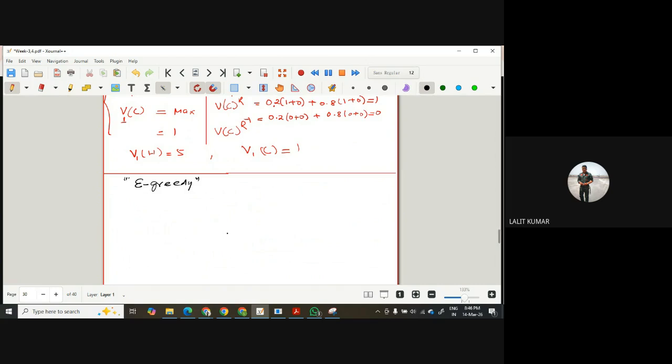In epsilon greedy, remember the arm with max reward will be selected with probability 1 minus epsilon plus epsilon over K, where K is the number of arms. And the other arms will be selected with epsilon over K probability. So this is one part.